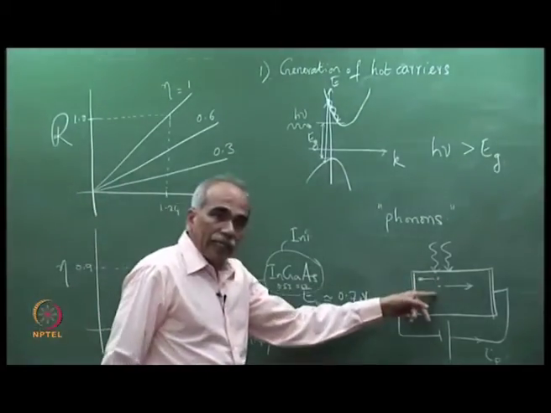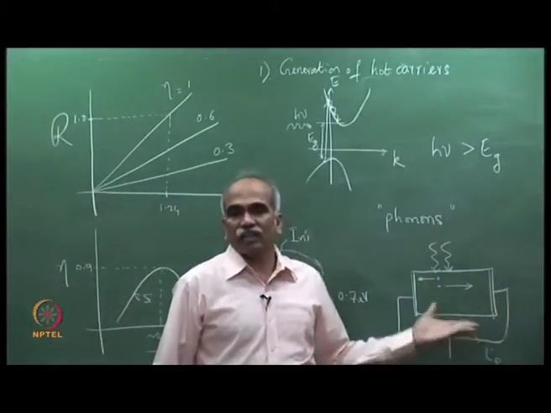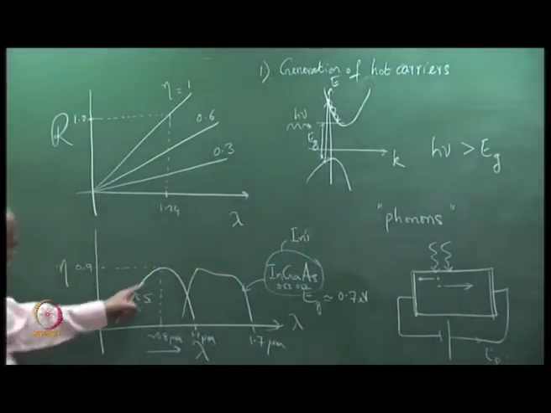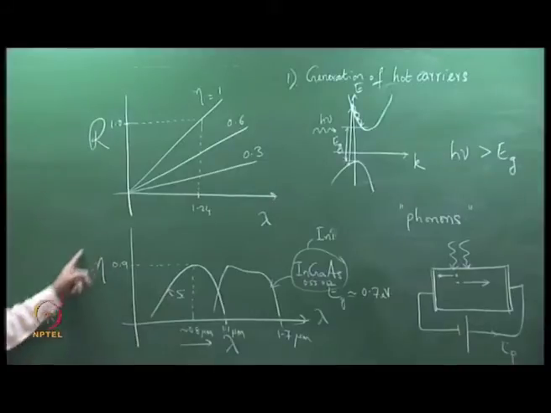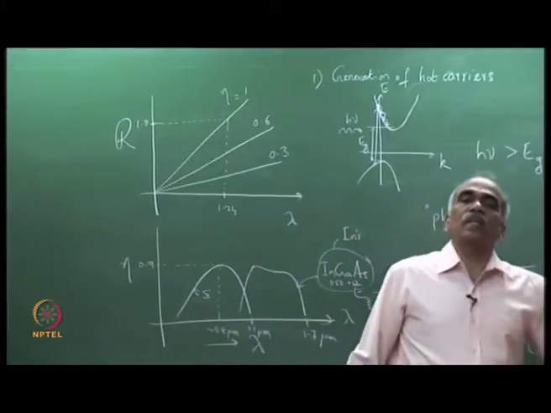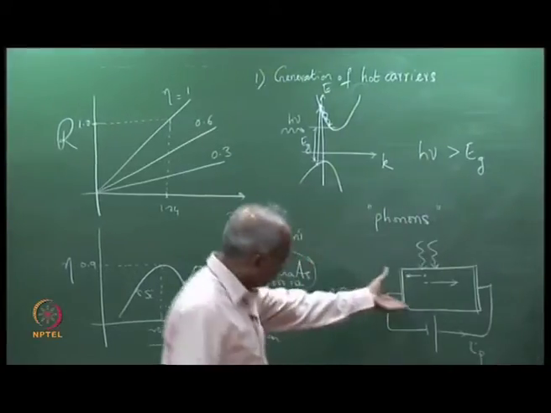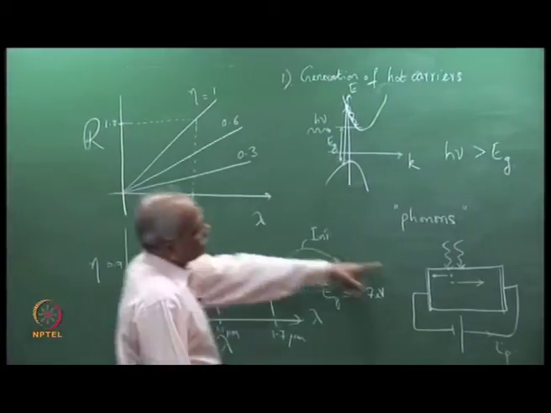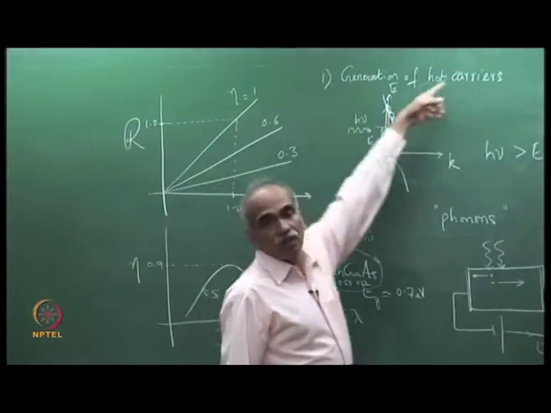Now the generated carriers, if they recombine very quickly, then there is no more contribution to the current in the external circuit, and therefore the response of the detector goes down, or the quantum efficiency of the detector goes down. Recall the definition of quantum efficiency as the carrier flux which contributes to the current in the external circuit, which means the carriers must be moving in the medium. If they recombine very quickly, then there are no more contributions to the external current, and therefore the quantum efficiency starts dropping. This is the first reason, generation of hot carriers.